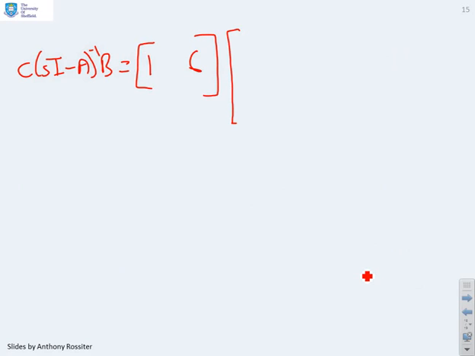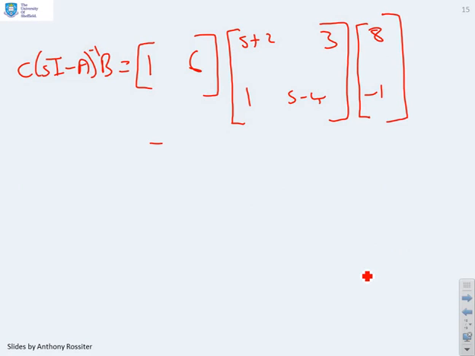So C (sI minus A) inverse B is going to be, the C term is 1 and 6. We'll redo this matrix. So we had in the matrix s plus 2 and 3, 1 and s minus 4, and the B term was 8 and minus 1, and that's all over s squared minus 2s minus 11. And if you multiply this out, it is a bit tedious, so we'll do it 2 steps at a time.